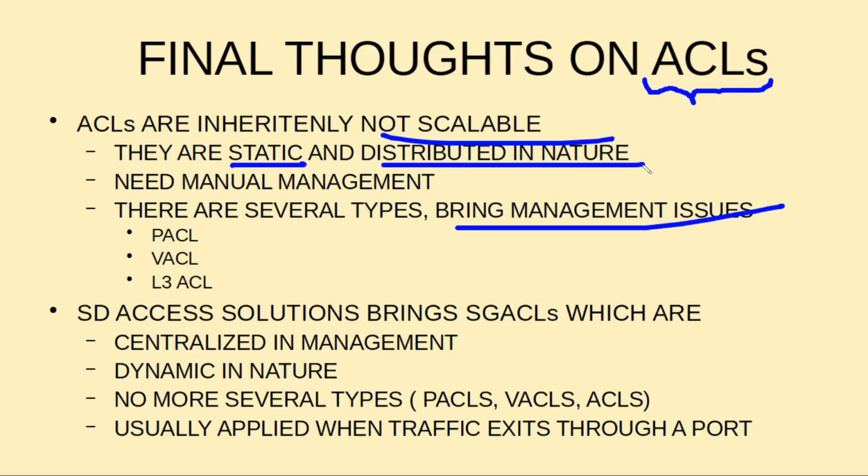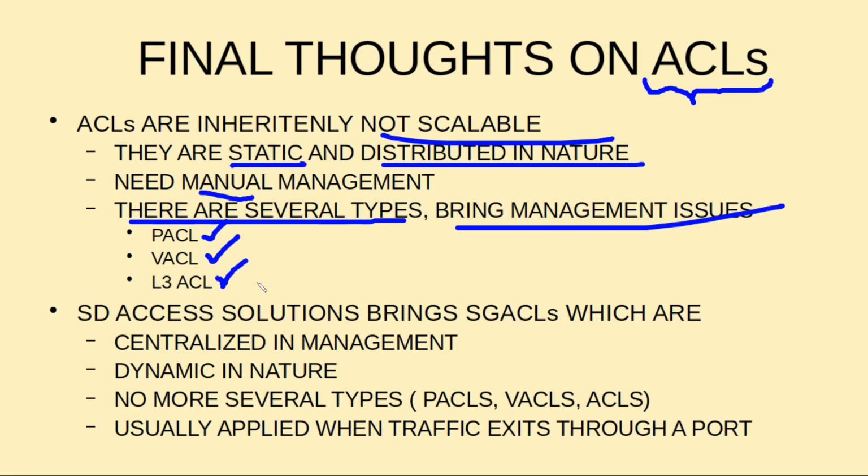And we are going to do that manually. Furthermore, there are several types of ACLs. We have port ACLs, VLAN ACLs, and traditional layer 3 ACLs. This makes it more difficult to troubleshoot an ACL issue because we may overlook, for instance, that a VLAN access control list exists in a certain switch.